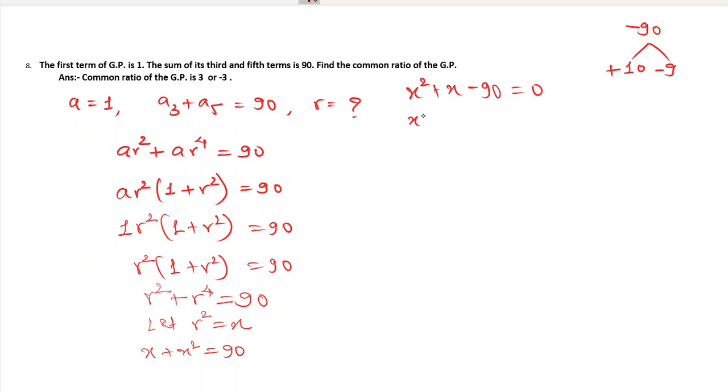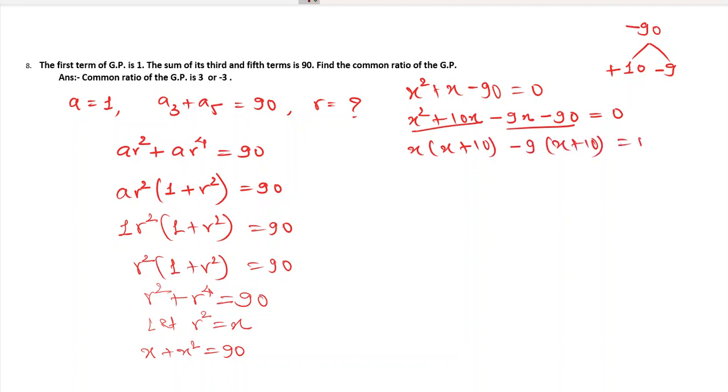So this will be x square plus 10x minus 9x minus 90 is equal to 0. So x bracket x plus 10 minus 9 bracket x plus 10 is equal to 0. So x plus 10 and x minus 9 is equal to 0.